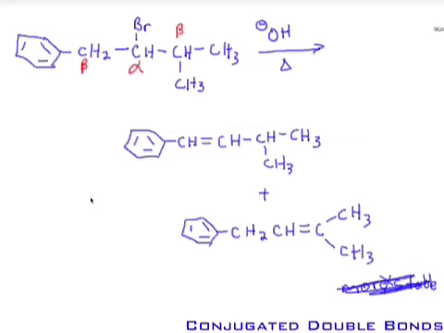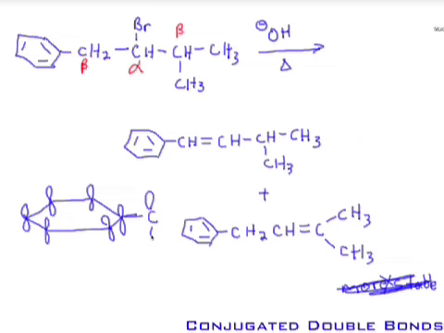What that means is if you look at it in an edge-on view, the p orbitals that form around the benzene ring all interact side to side. And the conjugated double bond we have over here has side-to-side interactions with the pi cloud of the aromatic ring. This leads to delocalization of electron density.